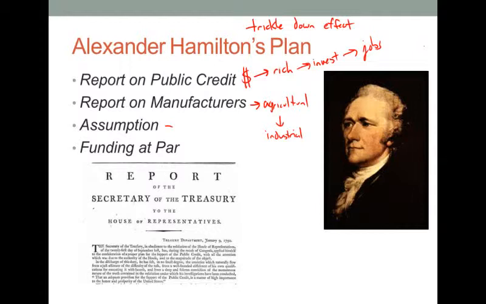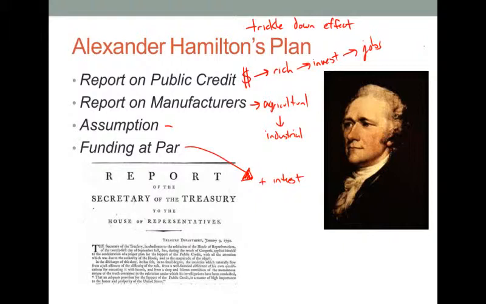So he wanted to assume the state debt, or take all the state's debt and make it federal debt. Okay, so assume means to take on the state's debt, and funding at par meant he would pay the state's debt plus interest.